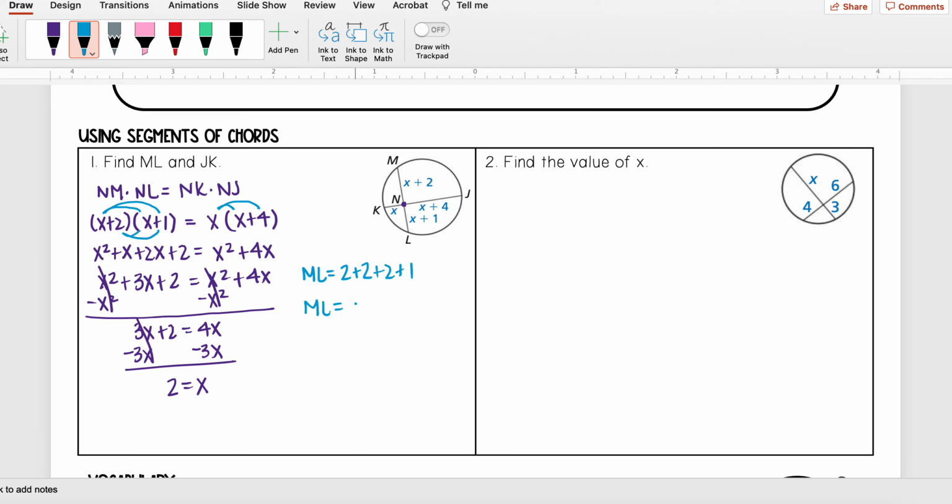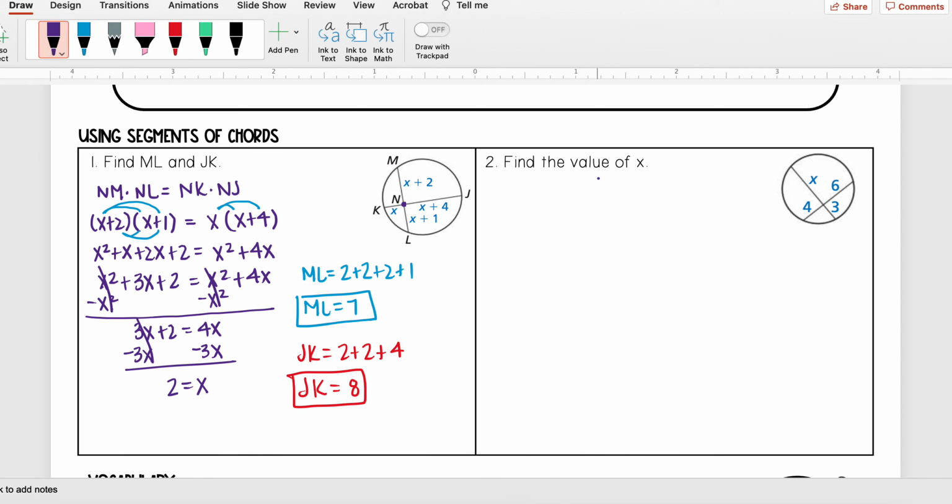So ML is equal to 2 plus 2 is 4, 6, 7. And then for JK, that one is equal to X plus 4. So it's going to be 2 plus 2 plus 4. And so I get that JK is equal to 8.